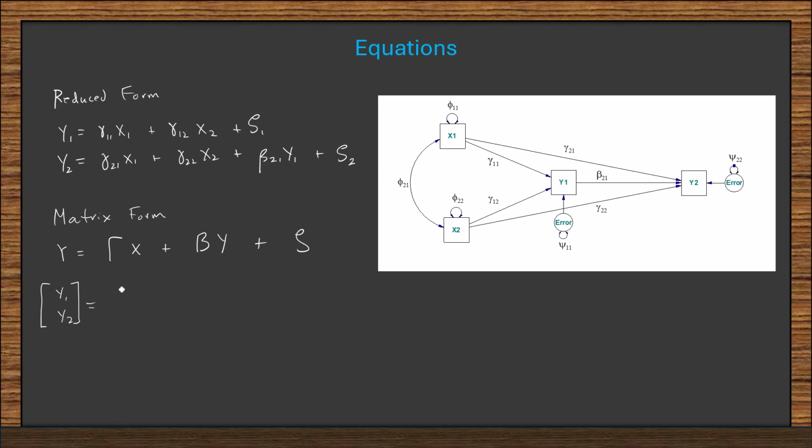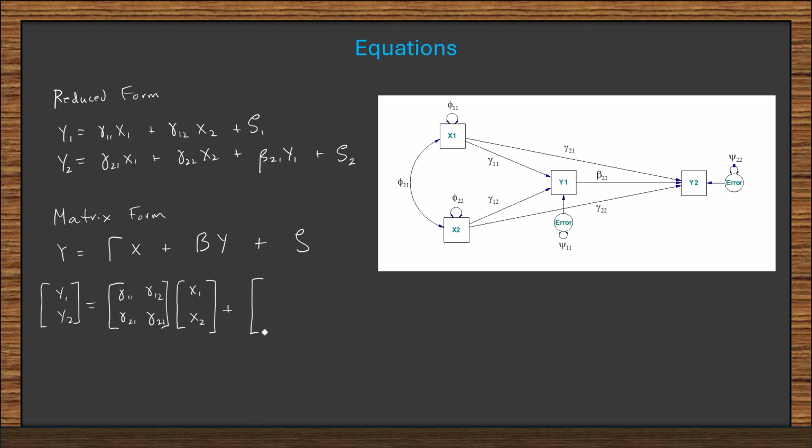The gamma matrix from the last video is in this case a 2 by 2 because we have two endogenous and two exogenous variables. And so we have gamma 1,1, gamma 2,1, gamma 1,2, and finally gamma 2,2 times an X matrix, which contains x1 and x2. And if you know matrix algebra, you take the rows, turn them, and then you multiply them by x1 and x2.